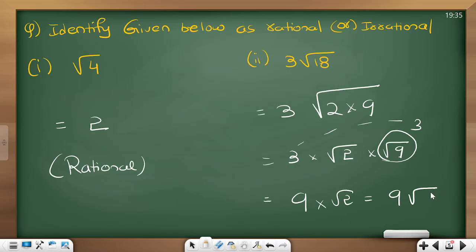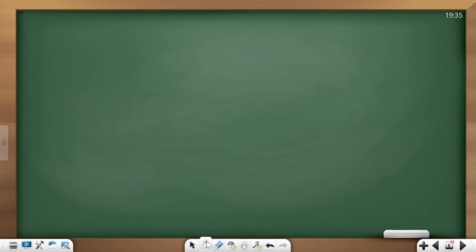That is going to be 9 root 2. That's irrational.